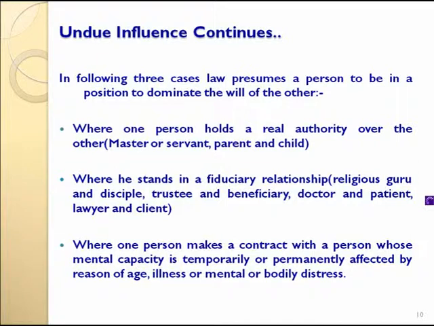In these two cases you will always realize that one party has real authority over the second party. A servant has no right; whatever the master gives him, he has to follow. The same thing applies to children and parents. Whatever is imposed by the parents, children have to do. So in these two cases, one party has the authority to change the opinion of the second party.